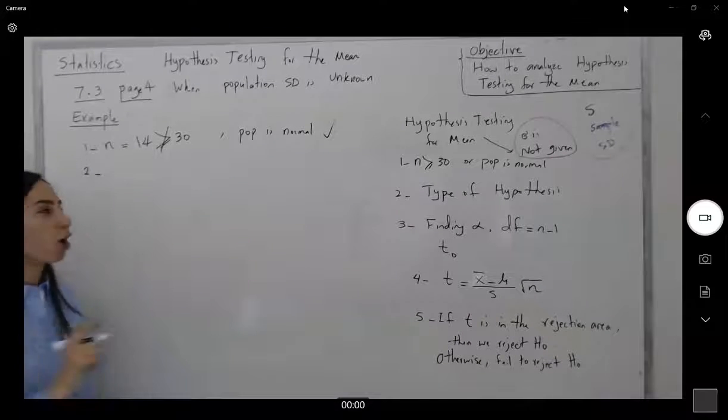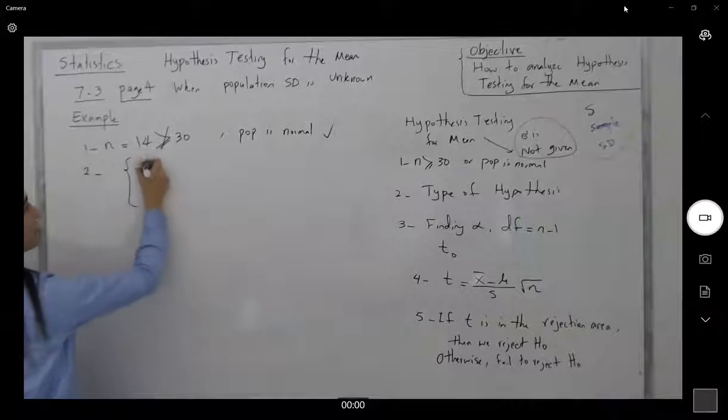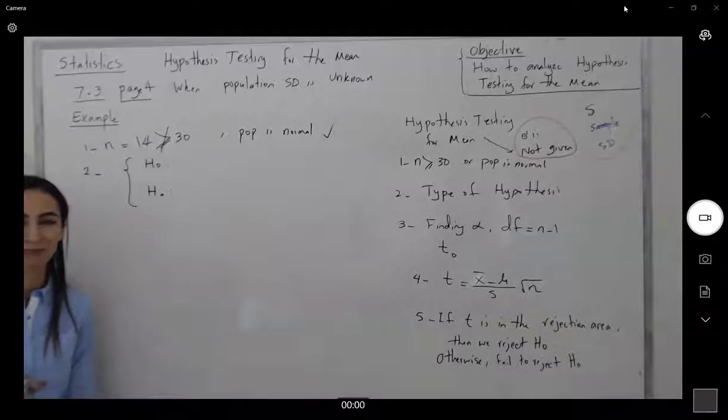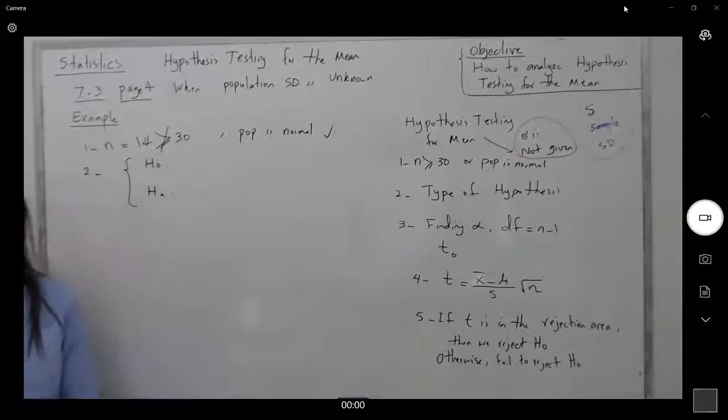Okay. Step 2. Null hypothesis, alternative hypothesis. What is the null hypothesis? What is the alternative hypothesis? And is it left-tailed or right-tailed? Left-tailed, very good.